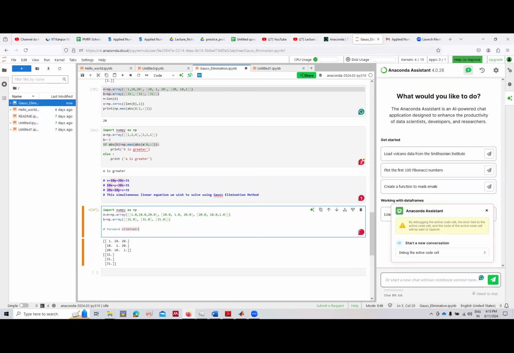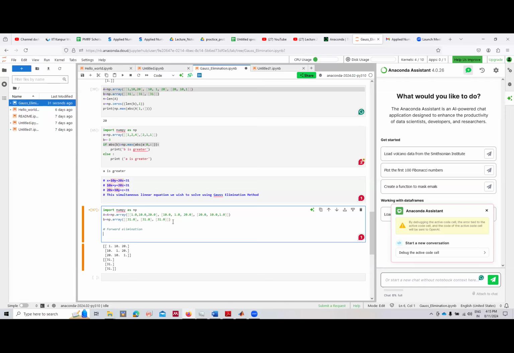First we need to select the pivot element, and the pivot element will start from the first row, but it will not go up to n. It will remain till n minus 1.